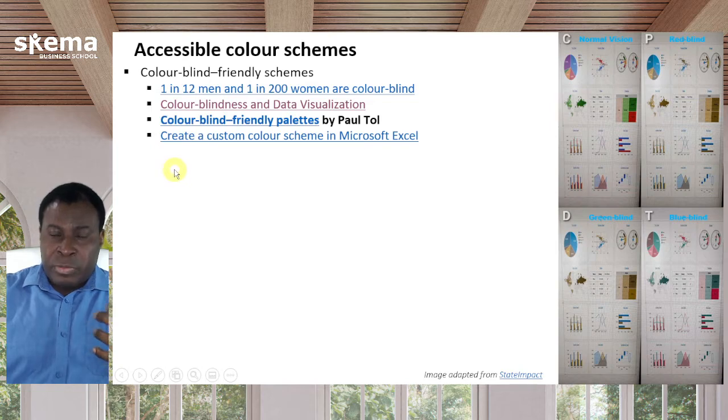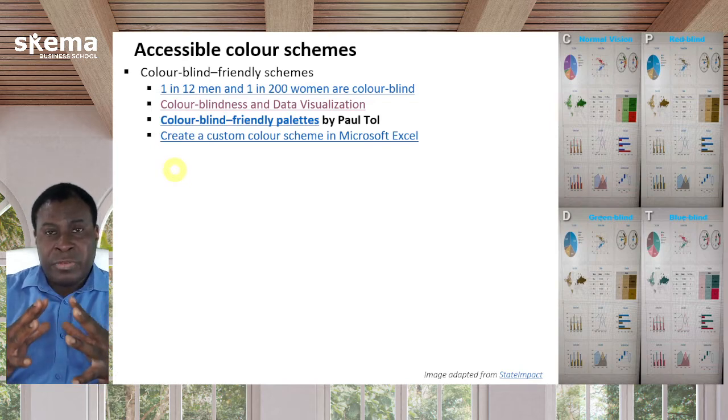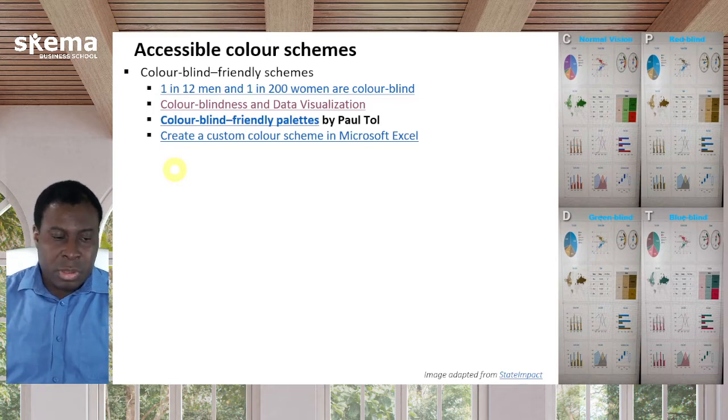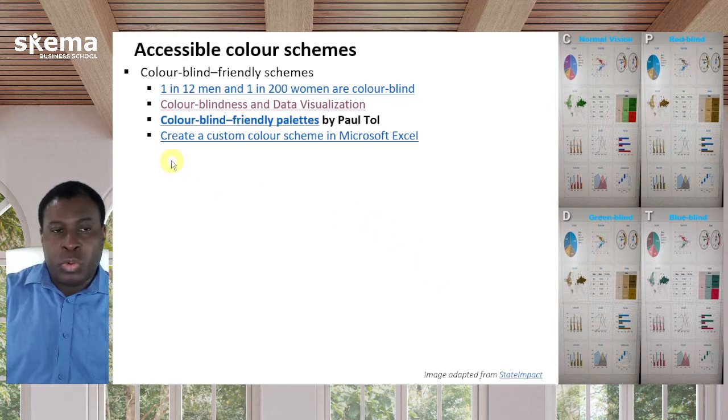In the previous slide, where we saw various color schemes, whether nominal, qualitative, sequential, or divergent, all of those colors are carefully selected to be visible and distinguishable by most, if not all, colorblind people.